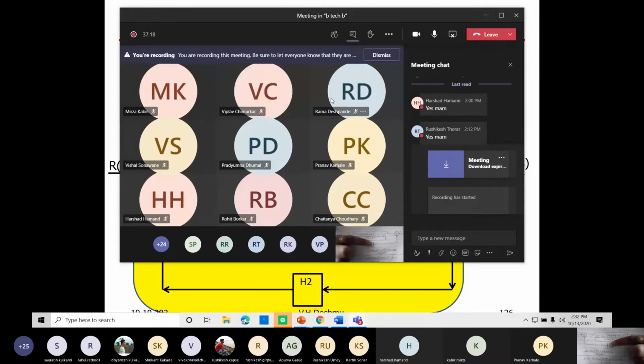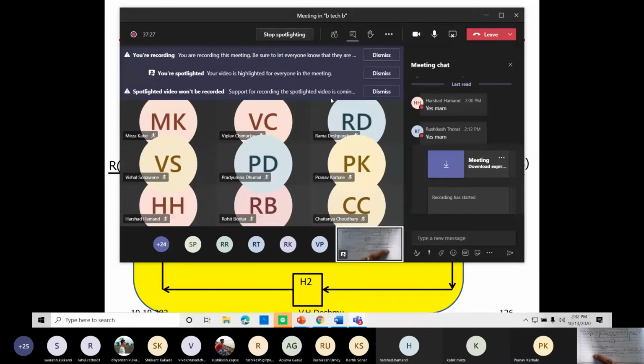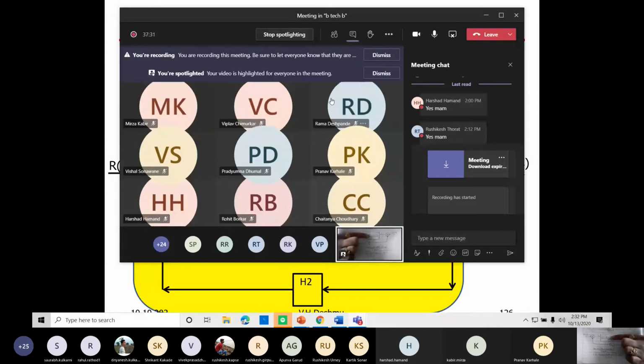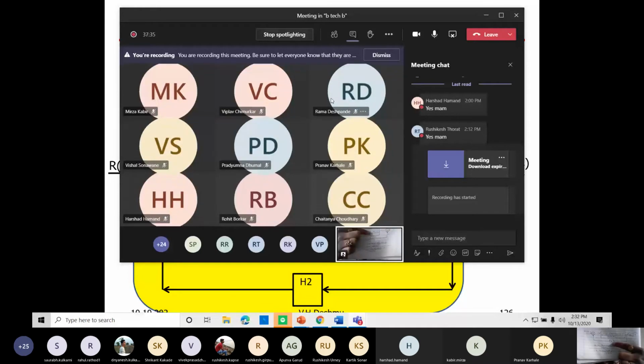Now the whole gain is G divided by 1 plus, as the feedback is minus, here we write 1 plus the whole block gain into the H1 gain.